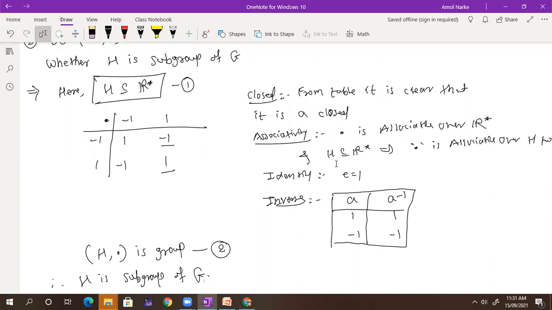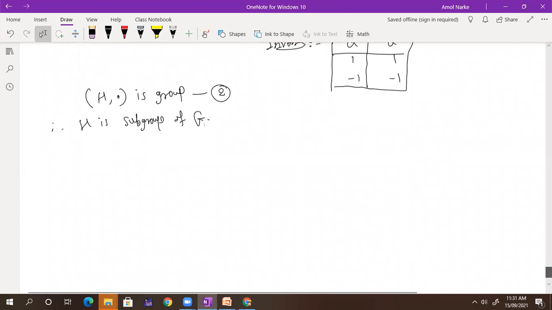I'm picking some elements, so it is like that only. Here, dot is associative over R star, and I'm taking a subset of R star, so definitely it is associative there. So I just write that. Okay, got it? Yes, sir. I think everyone understands this concept now.